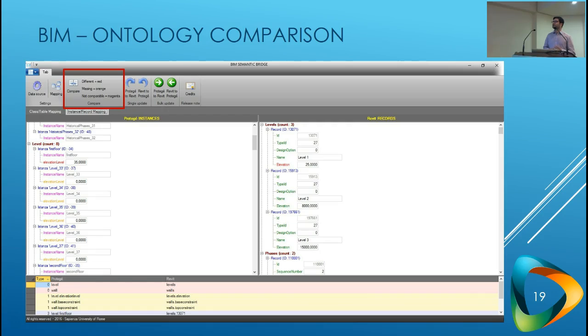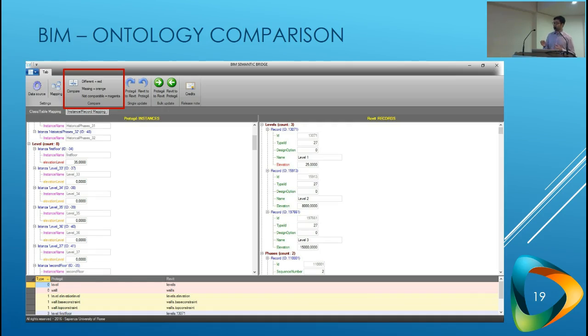Similarly, we can have this BIM ontology comparison. The system looks at the two databases and sees if the data is coherent, if there are some families or instances or properties that are not mapped. It also provides an indication of each of the different possibilities.